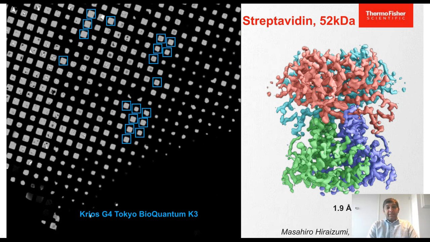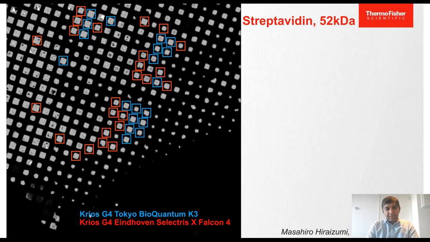And what we did is, using my microscope, the Cryos G4 with the CFEG, Selectris, and Falcon 4, I collected the data in the similar grid squares near where they had collected the previous data set. We tried and made sure that we keep as many parameters as possible constant. So in terms of pixel sizes were similar, in terms of dose was kept similar, the defocus range was kept similar.